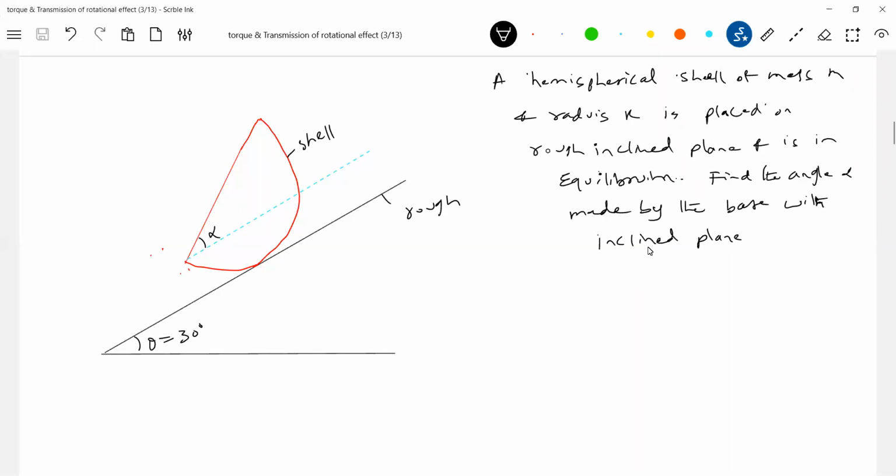For our convenience, let's do one thing. We'll give names. This is A. The base, it's not a semicircular plate. Please, I am writing shell.